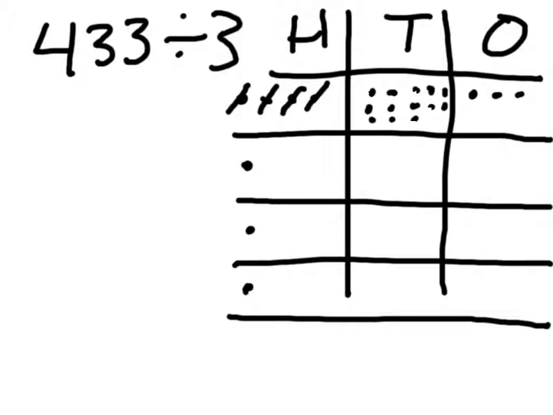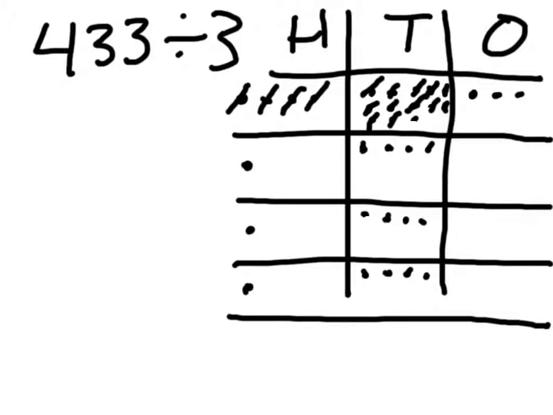Now we have 13 tens to divide amongst 3 rows. Each row will get 4 tens, and there will be 1 ten left over.